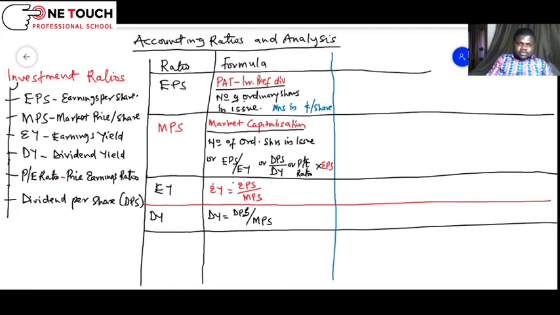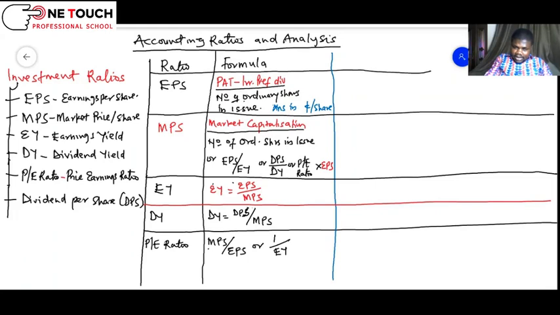Then we have PE ratio. That is very simple. The formula, the name says it all. PE ratio, price earning ratio. So it is market price per share all over the earnings per share. It can also be computed as 1 over the earnings yield, because the reciprocal of the earnings yield is the PE ratio.